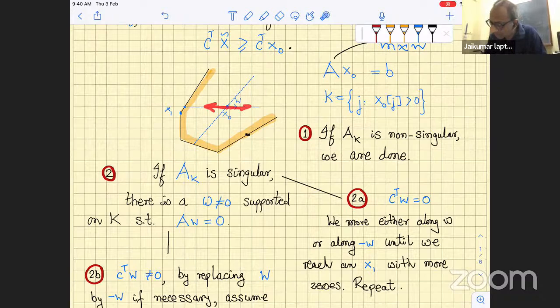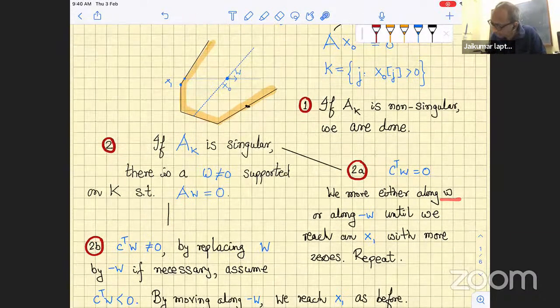Then, since W is non-zero, we can move either in the direction W or in the direction minus W and ensure that some variable's value reduces. Because W is non-zero, one of these two is going to cause some variable to reduce. And we move in that direction until some variable becomes zero. As a result, we have another solution whose objective value is as good as the original one, but it has one more coordinate which is 0.